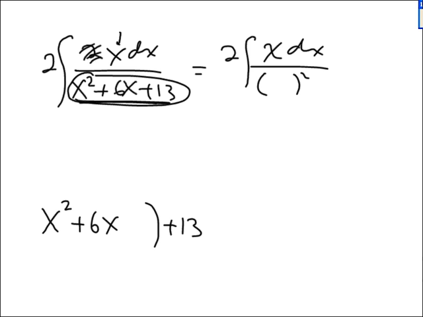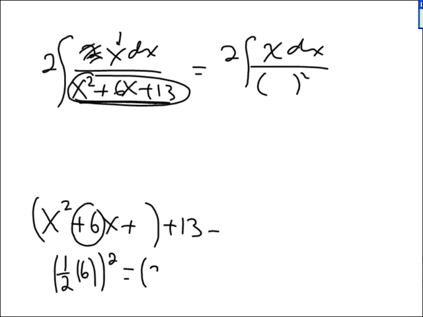We want to add something inside here, and then we're going to take it away. We're going to add on half of that squared. Half of 6 is 3, and we're going to square this 3. We're going to get a 9. So if we add 9 here, I have to take away 9 there.